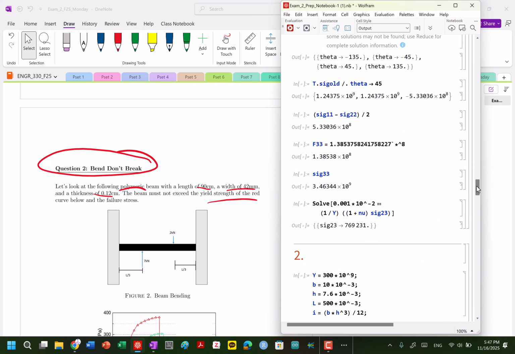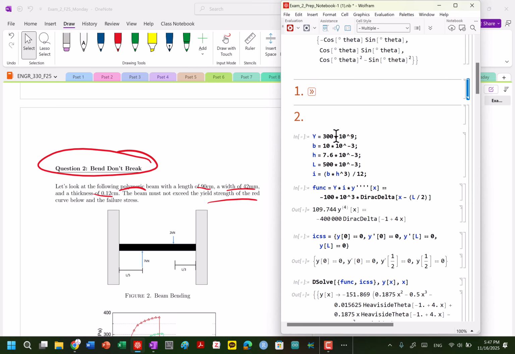Always make sure to save often. So I'm going to say Young's modulus polymer. My length is equal to 90 centimeters. My width is 42 millimeters. And then my thickness is 0.12 centimeters. Good.